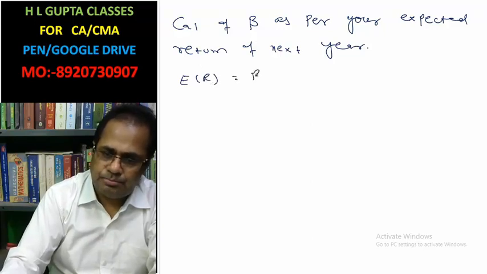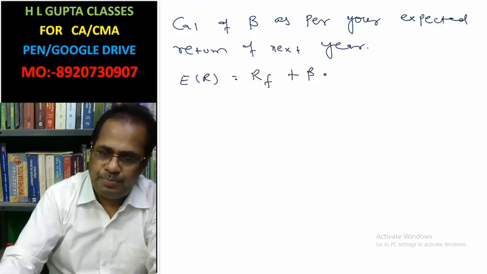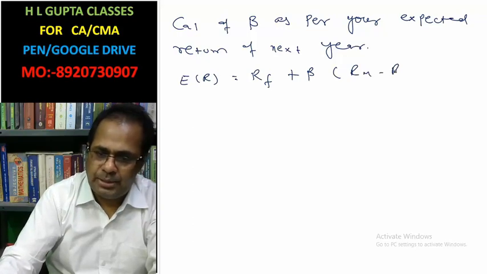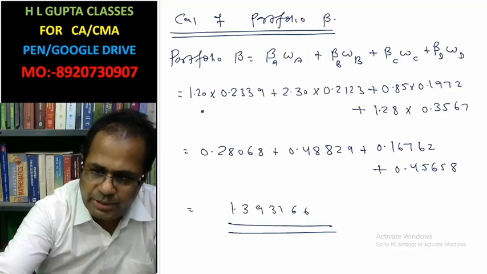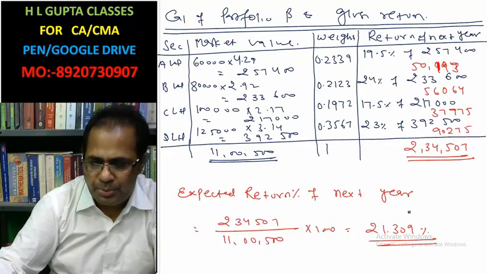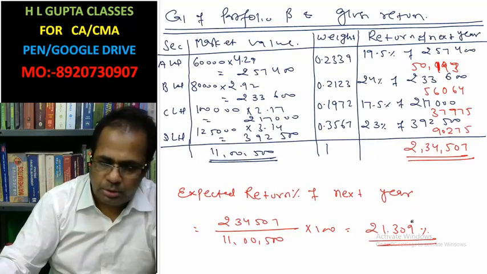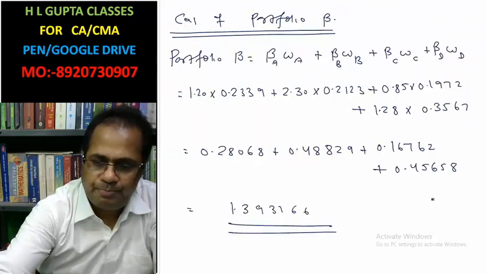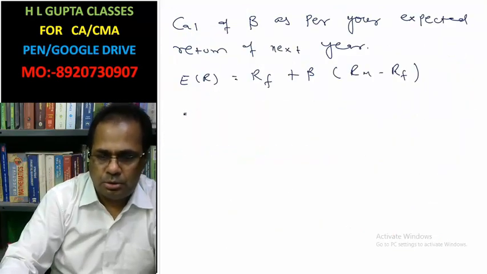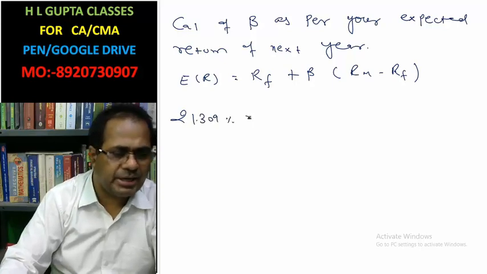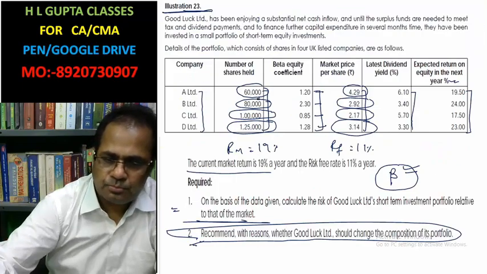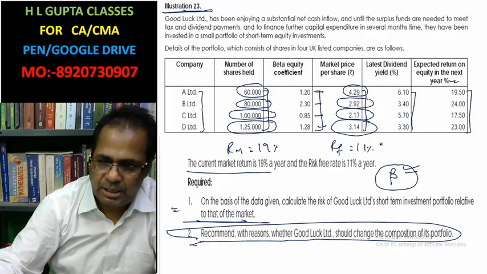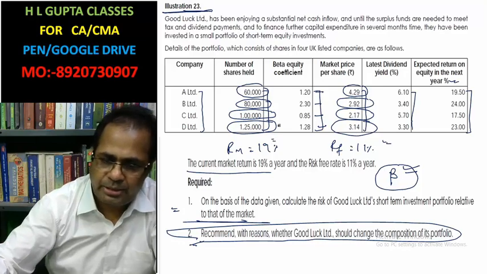Expected return equals RF plus beta times (RM minus RF). Your expected return you have already calculated here: 21.309%. Risk-free rate of return is 11%. Return on market portfolio is 19%.